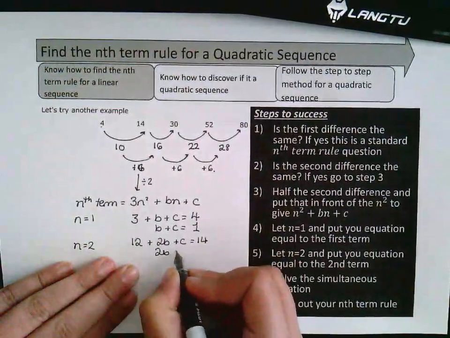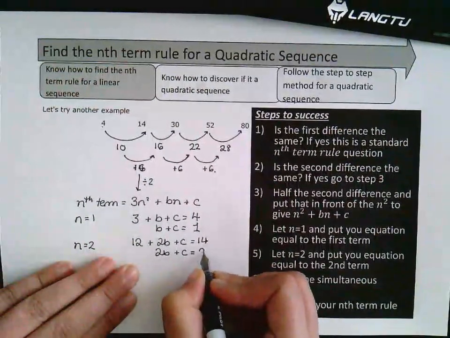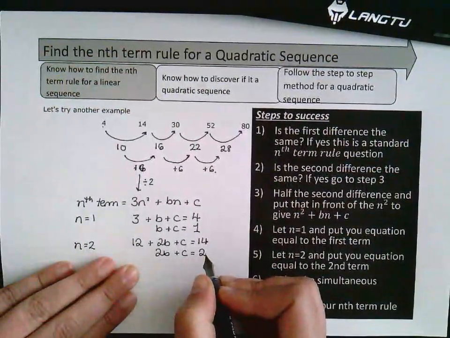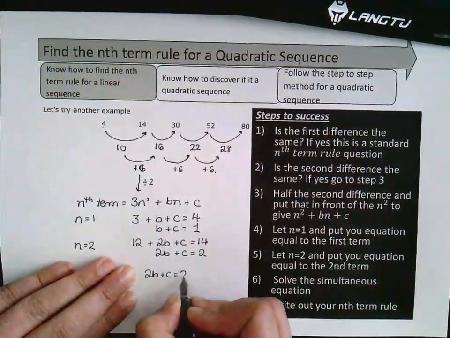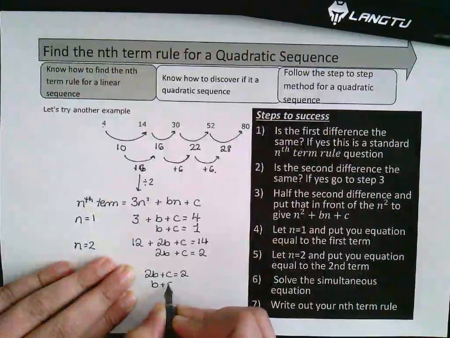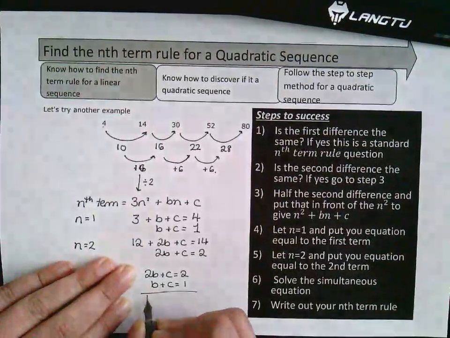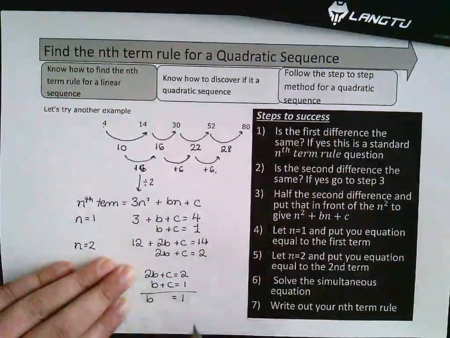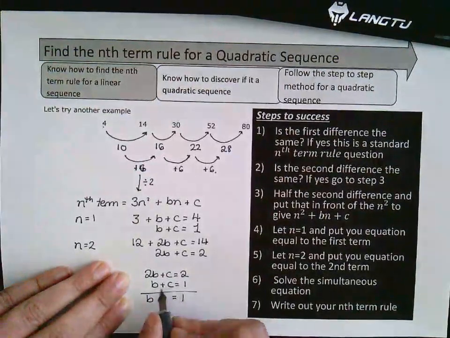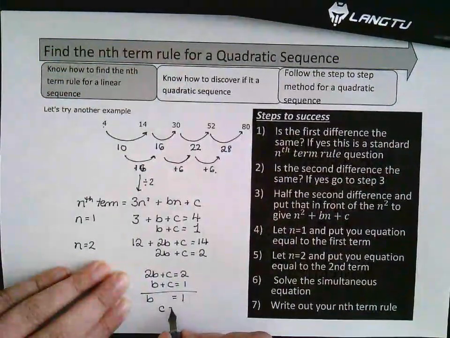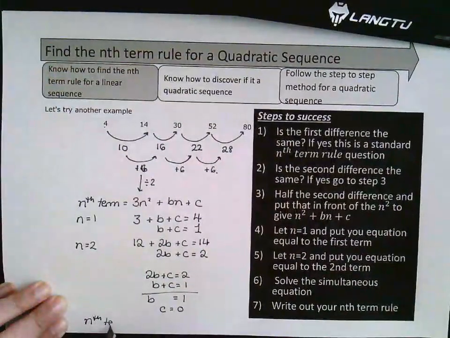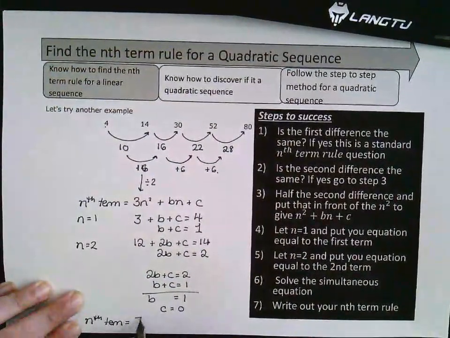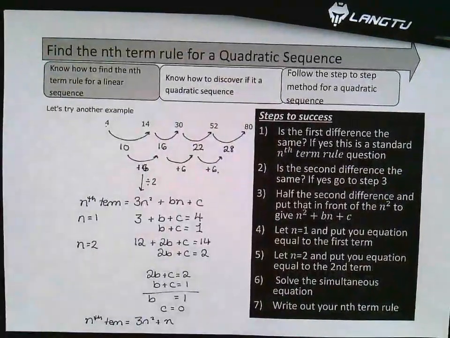So we get 2b plus c equals 2. Let's solve the simultaneous equations. In this case, b is 1. Now, if b is 1, look at the bottom line, c has to be 0. So our nth term is 3n squared plus n.